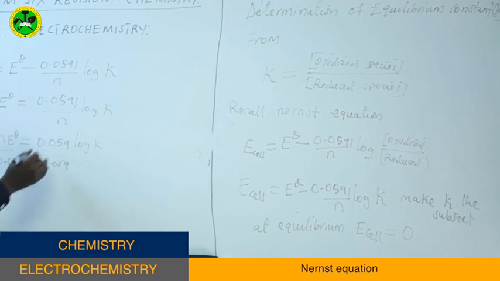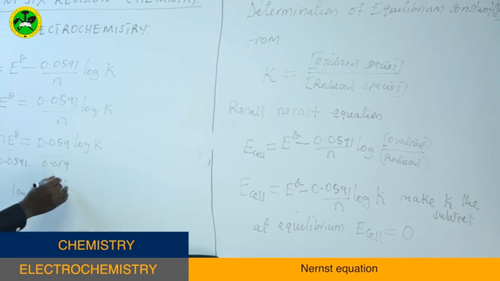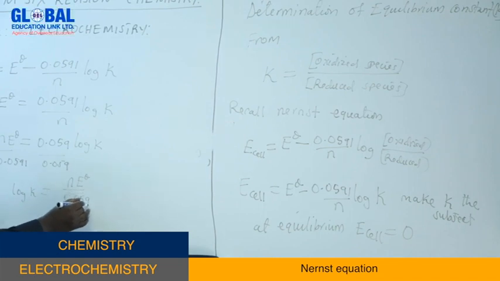Now to find K, K will be equal to log inverse of n times the standard electrode potential, divided by 0.059 in bracket. So you'll have now the equilibrium constant, which is K.